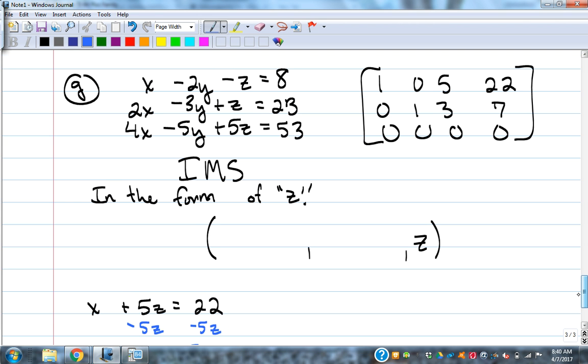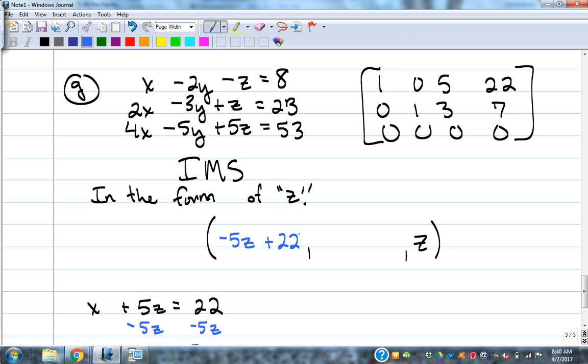from the matrix. The first row of the matrix has X plus 0Y plus 5Z equals 22. So 0Y goes away. I'm getting this equation from the first row of the matrix, and I'm using it to get X in the form of Z. So X is -5Z plus 22.